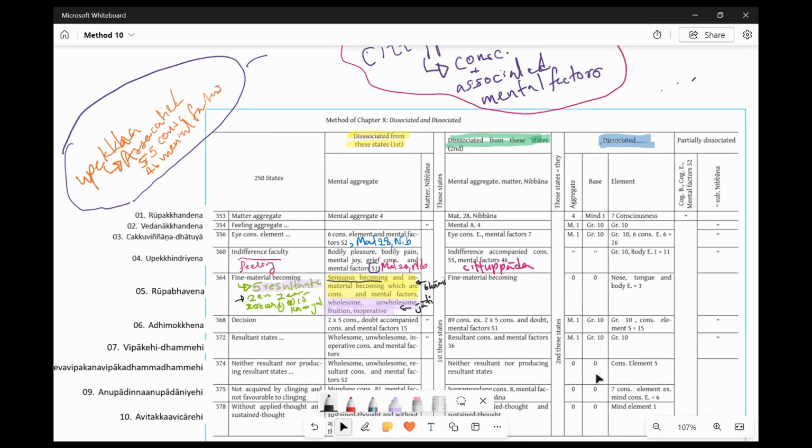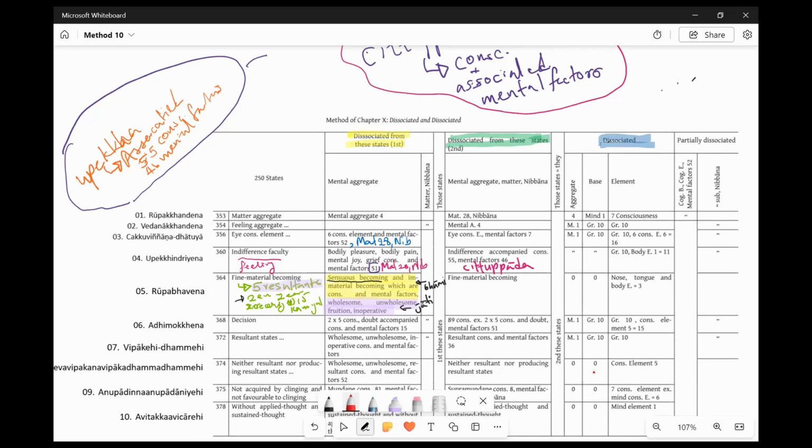Yeah, sure. After the first dissociated states, the second dissociated states will bring us back to the states of inquiry, also fine material becoming. And then from that, we look at dissociated states again. So we would expect the dissociated states would be the same as the first dissociated states, because the second dissociated state is the same as the state of inquiry.